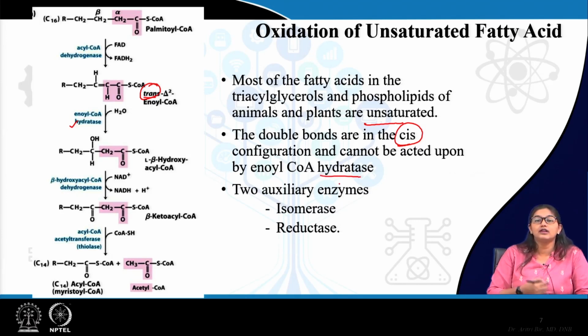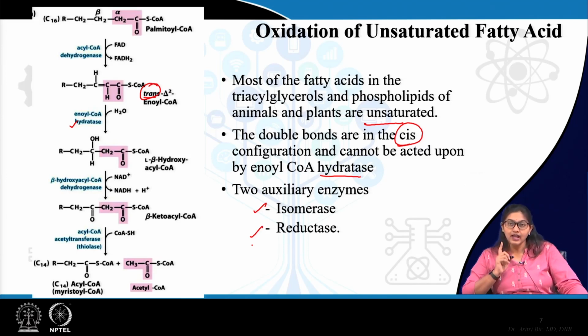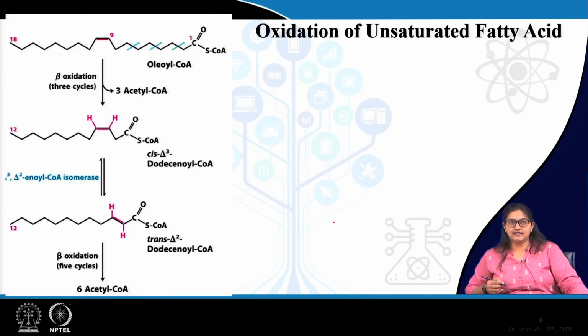So, what we need is 2 different auxiliary enzymes in case of unsaturated fatty acids. One is isomerase, another is reductase. So, these are the 2 important enzymes. Remember, that is one important point for MCQs. What are the 2 different enzymes required for unsaturated fatty acid beta oxidation? That is isomerase and reductase.